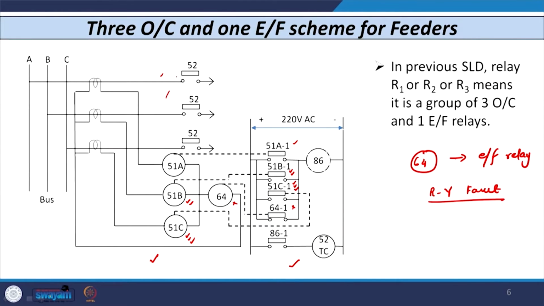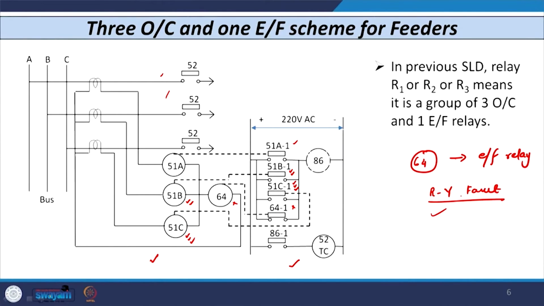Whenever the current in R phase and Y phase increases in the primary, in the same way it is reflected in the secondary also. So, 2 units are energized, 51A and 51B, and they give a signal to their contacts 51A1 and 51B1. Both A1 and B1 will close, which energizes the coil of auxiliary relay 86, and further its contact 86 trips, which is going to energize the trip coil of the circuit breaker, that is 52 TC. So, this is how the 3 overcurrent 1 earth fault scheme works.